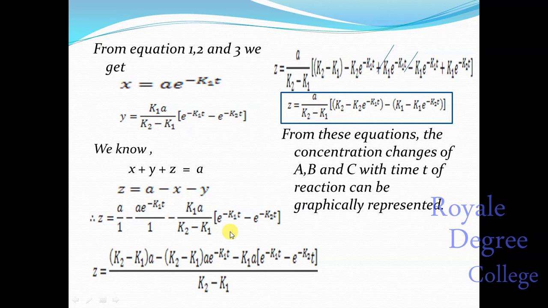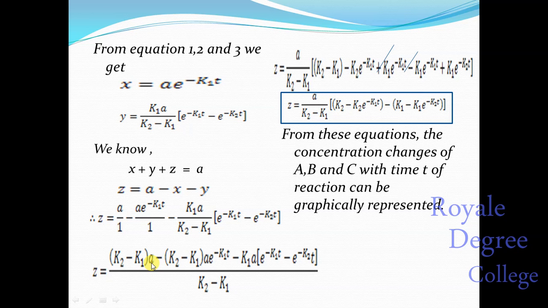Nothing is below a, so we can keep 1 there. So now k2 minus k1 into a, we can write k2 minus k1 a, then minus k2 minus k1 into a e to the power minus k1t, then minus this as it is, k1a into e to the power minus k1t minus e to the power minus k2t, all divided by k2 minus k1.